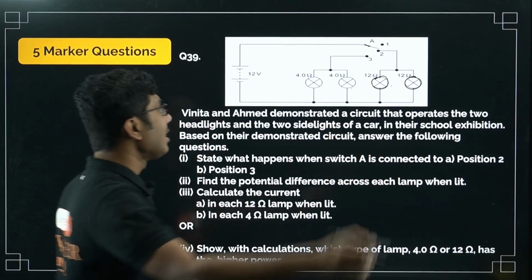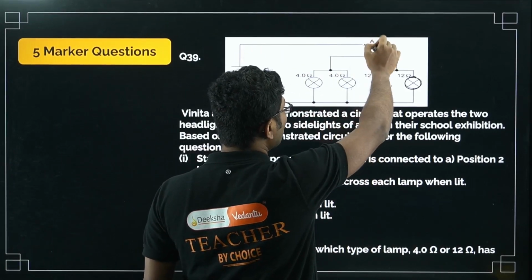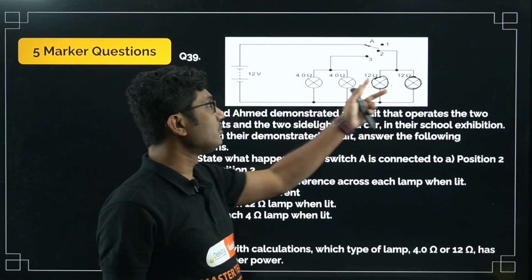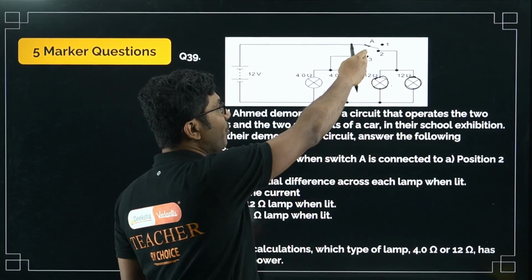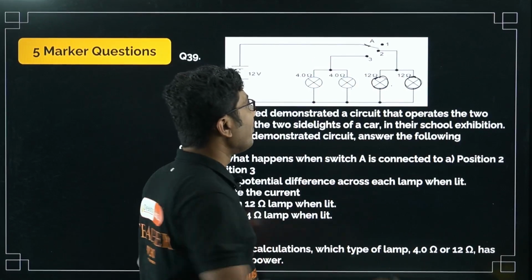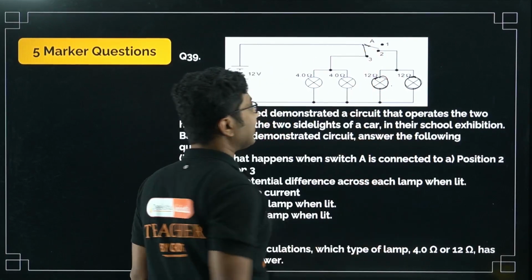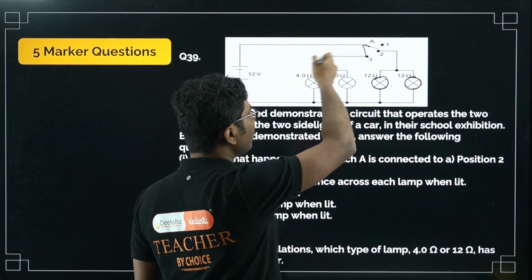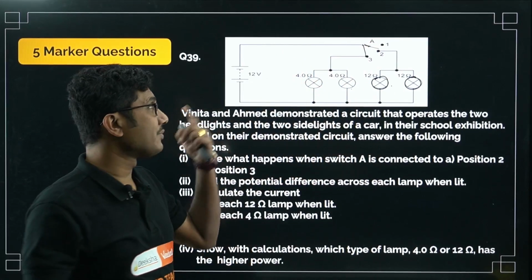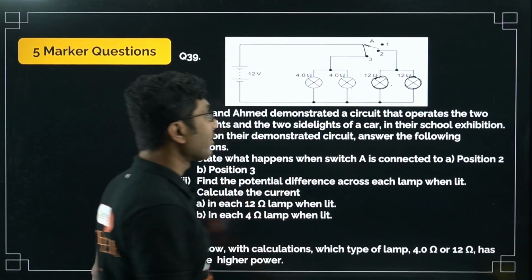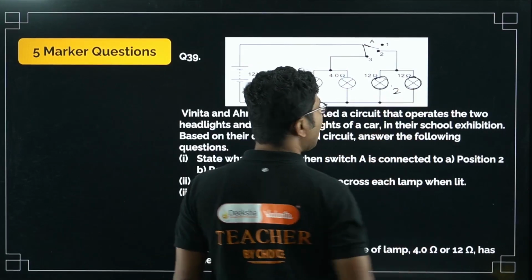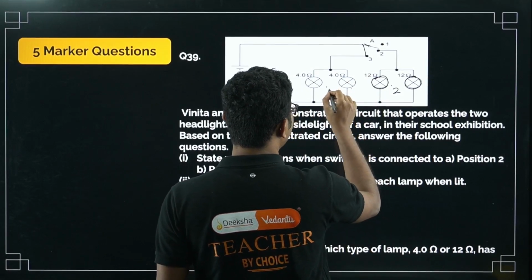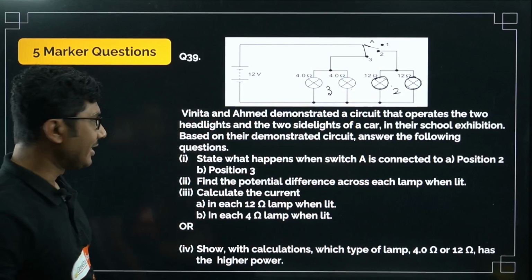First of all, you have to explain that when the circuit is connected to 2, current is passing only through the 12 ohm lamps, so only these 2 lamps are functioning, these 2 lamps are still open, so no current is passing through them. When you connect this switch to 3, then automatically circuit 2 is broken, so current is passing only through the 2 4 ohm lamps, so these 2 lamps are working. So this is very, very clear. These 2 lamps will work when it is connected to point number 2. This will function when it is connected to point number 3.